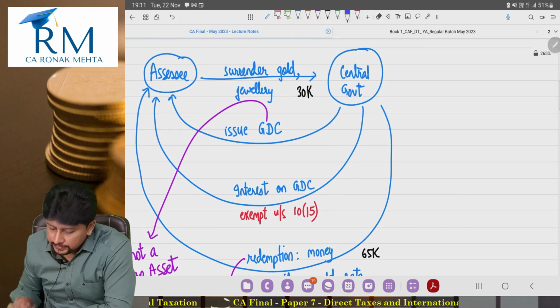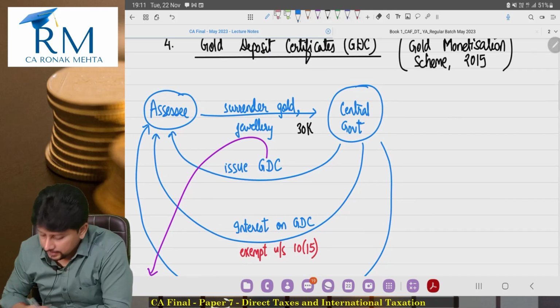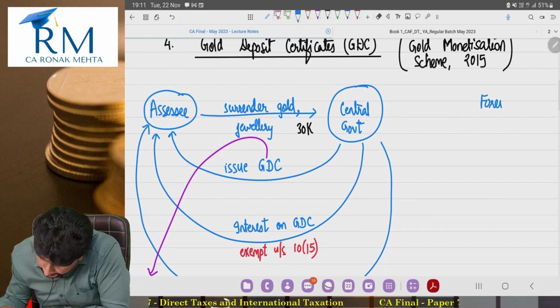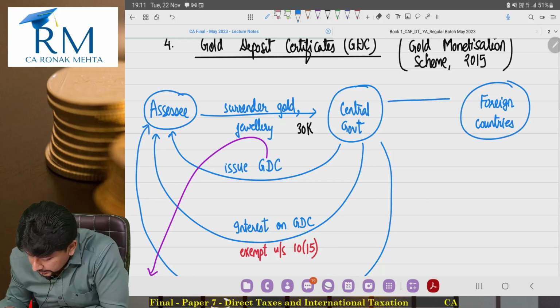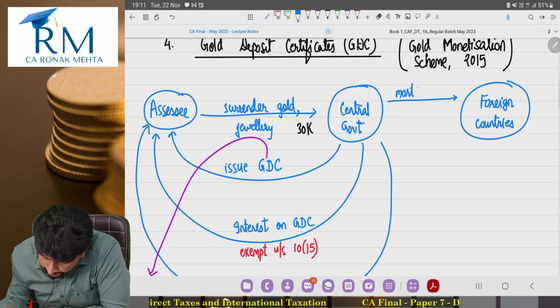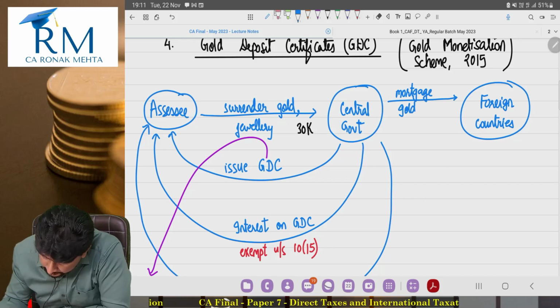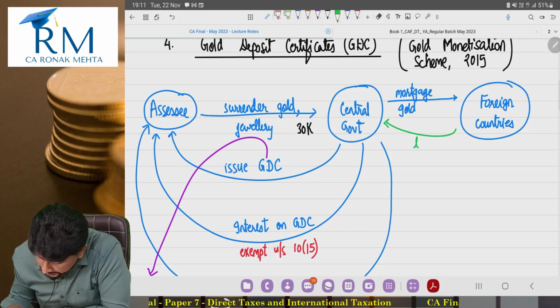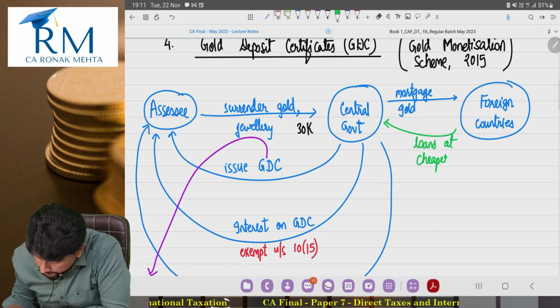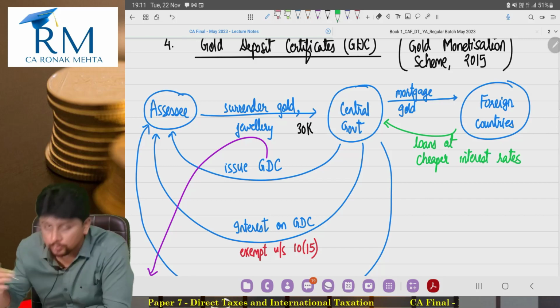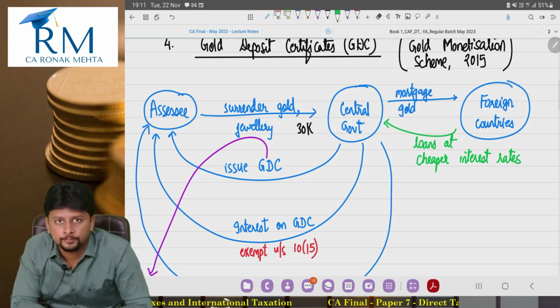Why is the government doing this? Because the advantage is that government will take all this gold from you, and foreign countries will keep the gold as mortgage, and if that happens, foreign countries will give the central government loans at much cheaper rate of interest, which the central government will use for our Indian economy.